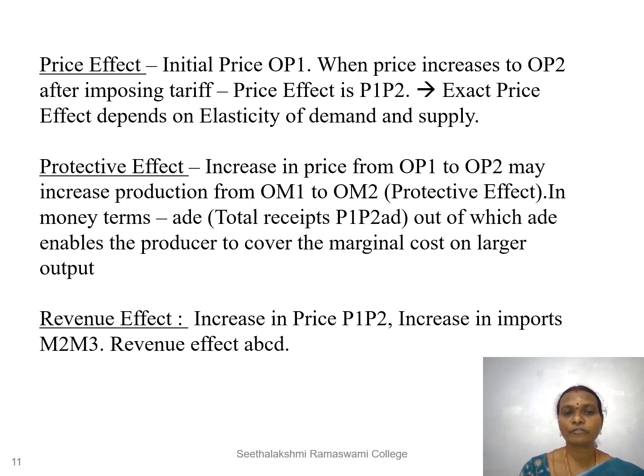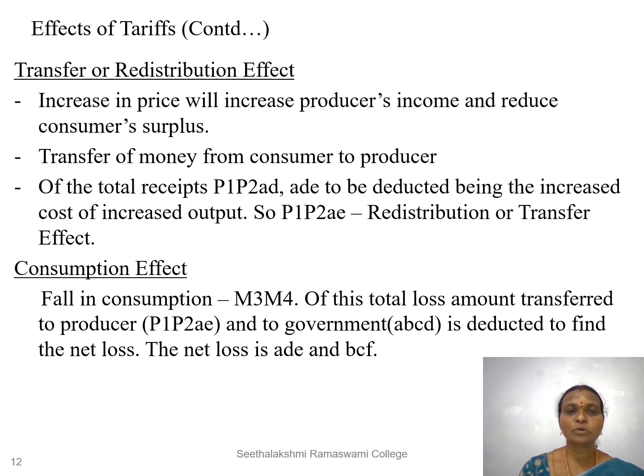Next, the protective effect says how the domestic producer or domestic industry is safeguarded and how they are able to cover the marginal cost. Next, the revenue side is how the government is going to generate income with the imposition of tariff. The next slide is about the redistribution or transfer effect.